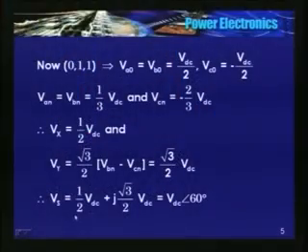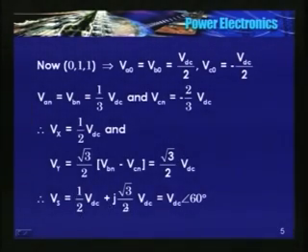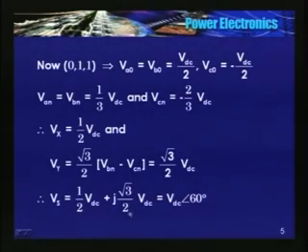So Vs, I can substitute these values in that equation. For Vs, this is what I get: half plus j root 3 by 2. Real component is half, imaginary component is root 3 by 2. So again, the magnitude of this is 1, at an angle of 60 degrees. Cos 60 is half, sin 60 is root 3 by 2. Okay.